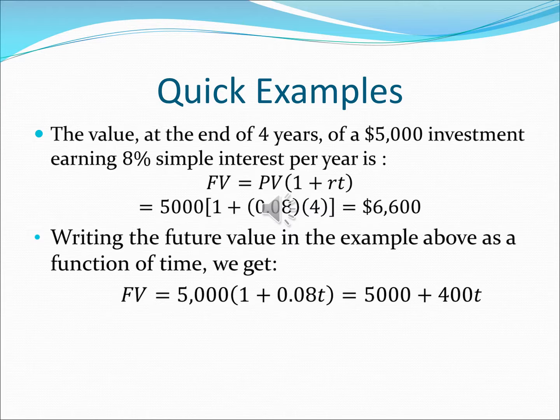So it's basically the interest, which was 1,600, plus the present value, which is 5,000. If you add those up, that gives you the future value.